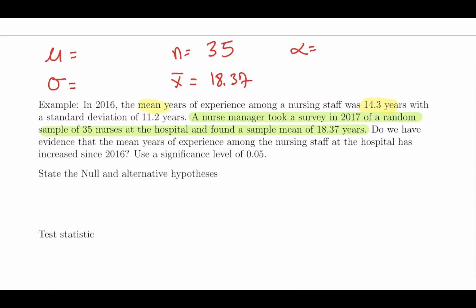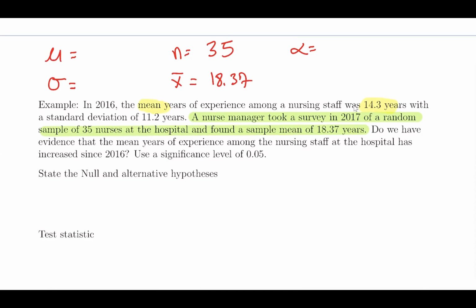They're telling you 14.3 is the mean, but did they tell me how big of a sample size they took? I thought it was 35. Well, 35 was for this 18.37. So they told us they took a sample of 35 and they got the sample mean of 18.37.